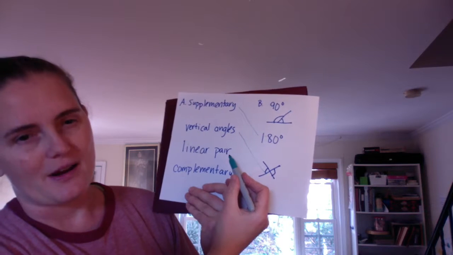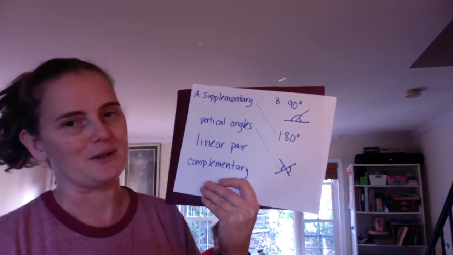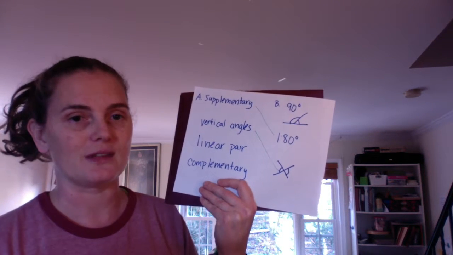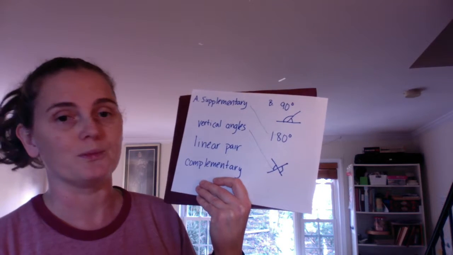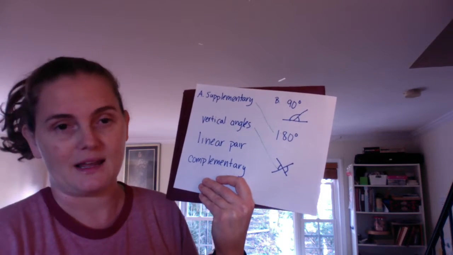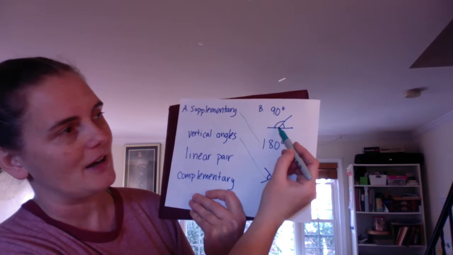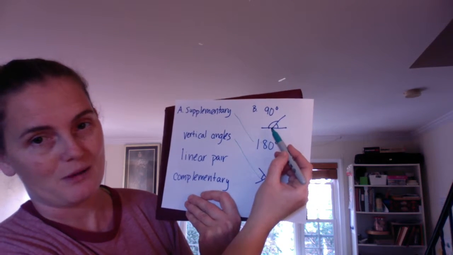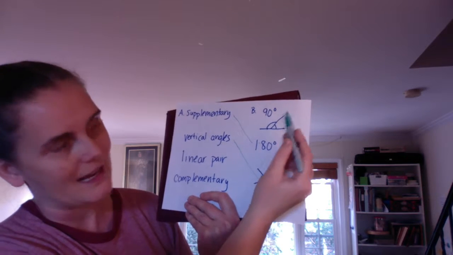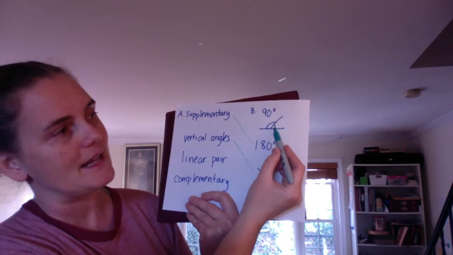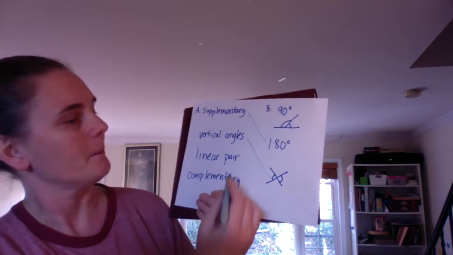A linear pair, that one is kind of an easy one to remember because it's a pair of angles that are formed that share a line together. So it's this one right here. You've got this line that they share, and as soon as it's crossed by this ray or line segment or anything, then it's this pair of angles right here.